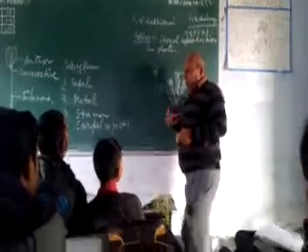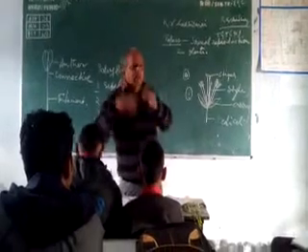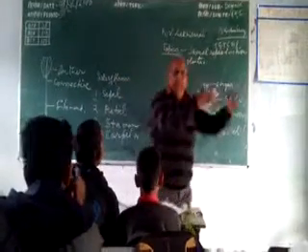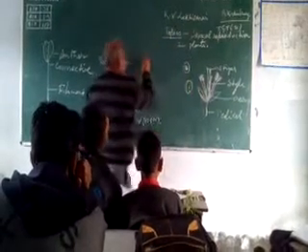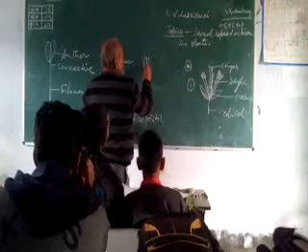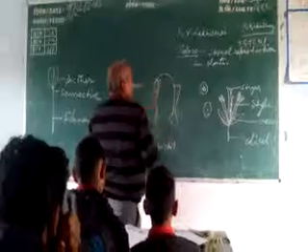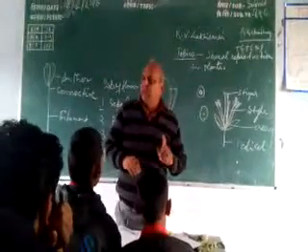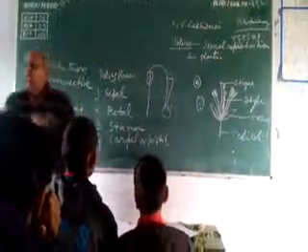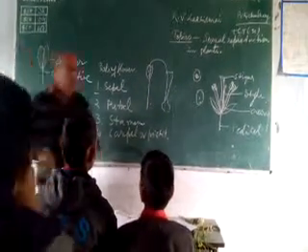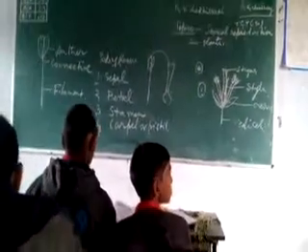Pollen grain. Now here we want to say this pollen grain is carried from this anther to a stigma. Transfer of pollen grain from anther to stigma is called pollination. So you write down pollination.